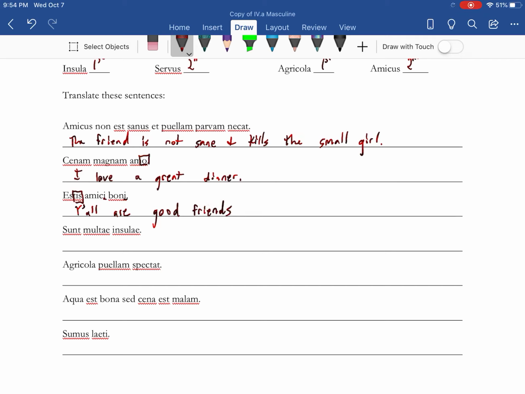Those are predicate nominatives. Sunt multae insulae. There are many islands. All right, we got a T, which is a he, she, or it. Our nominative singular ending A tells us that the farmer is the he, she, or it.